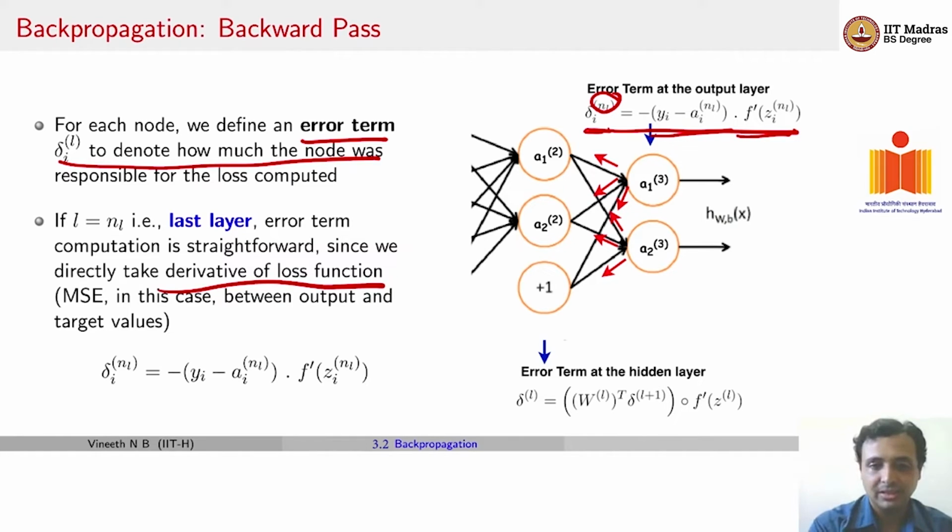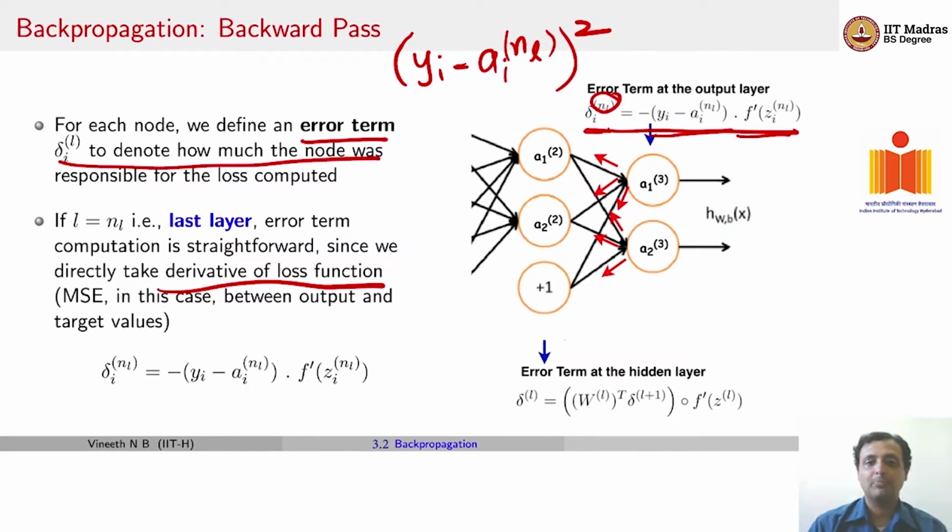So in our case, it's going to be (y_i minus a_i) whole squared, where a_i is your final layer's output after applying the activation function. And remember, we said we'll have a half for convenience. When you take the gradient of this with respect to a_i, you're going to have minus 2, and the 2 would get cancelled, and you would have minus (y_i minus a_i^(N_L)). That would be your gradient of the mean square error.